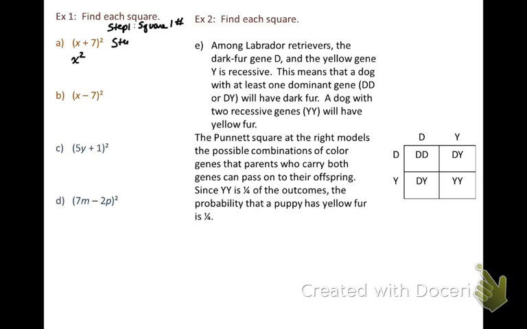Step 2, multiply two times the first number times the second number.